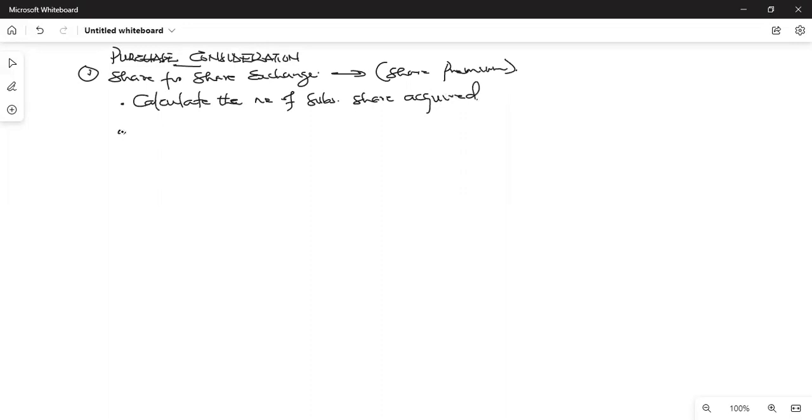Then step two, you have to calculate the number of parent shares that they issued to acquire. Then step three, you need to value the parent share issue.